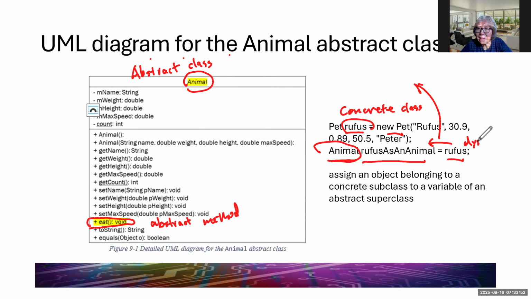So this is the dynamic class, and this is the static type. So it's fine to assign to a variable of an abstract superclass. This is allowed, as it meets the is-a relationship.